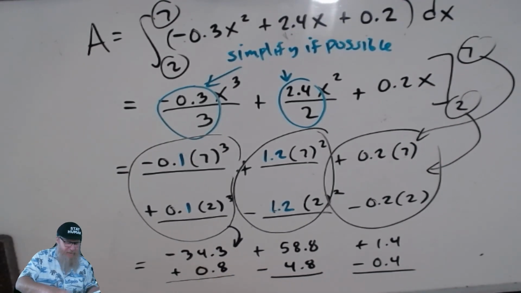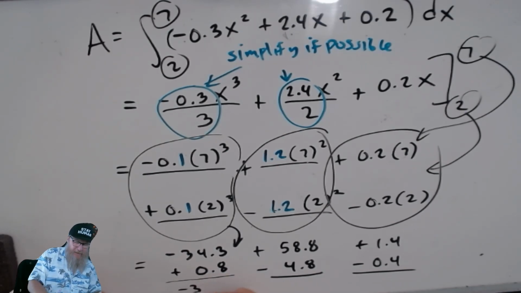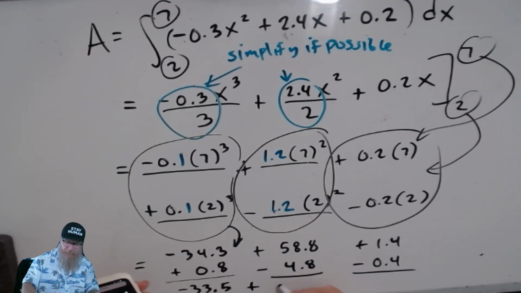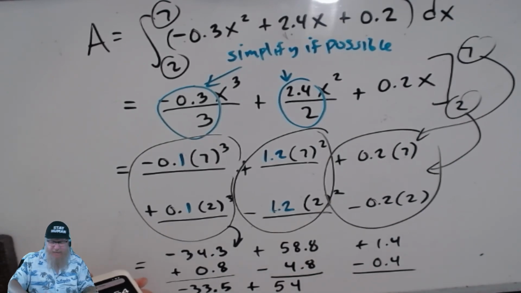So I've got negative 34.3 plus 0.8, which is negative 33.5. I've got 58.8 minus 4.8, which is 54. Oh, that's nice.